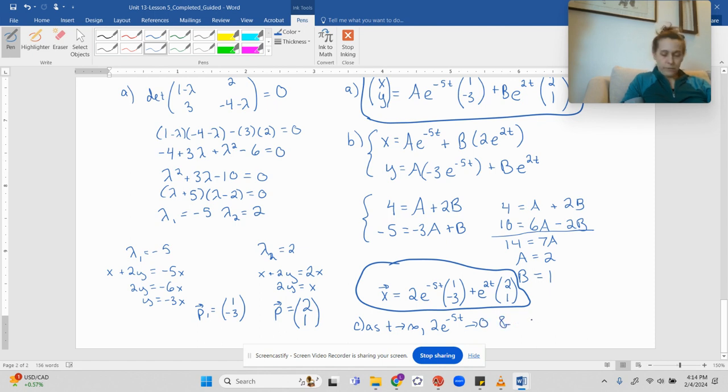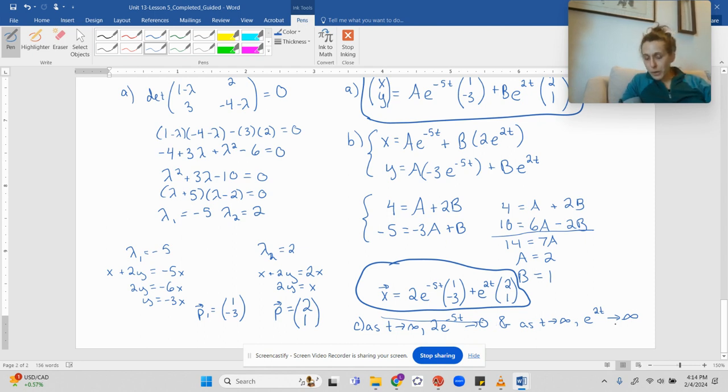And as t goes to infinity, e to the 2t goes to infinity. And so long term, what's going to happen is this first case isn't going to really matter very much. It's going to go to 0 long term.